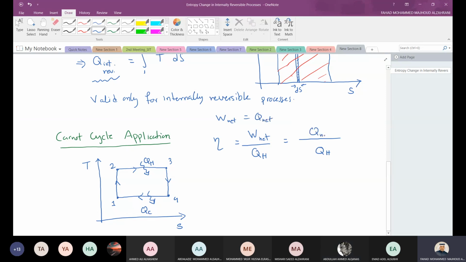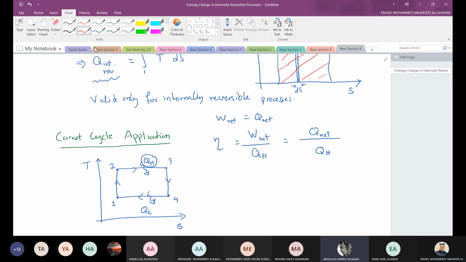So I'll just write Q net here, which is the same as Q hot minus Q cold. Let's look at what Q hot and Q cold are in this case. Based on our definition, Q for an internally reversible process is the area under the curve. So for Q hot, which is this one here, what is the area under the curve?